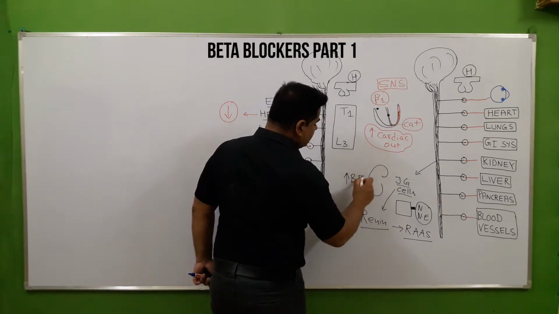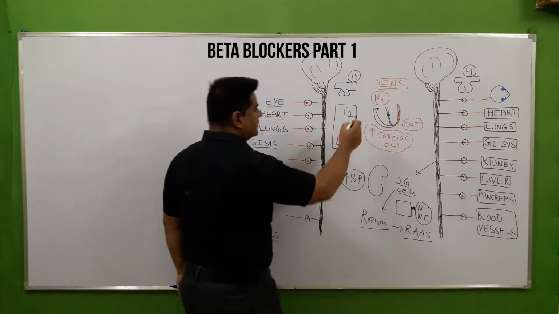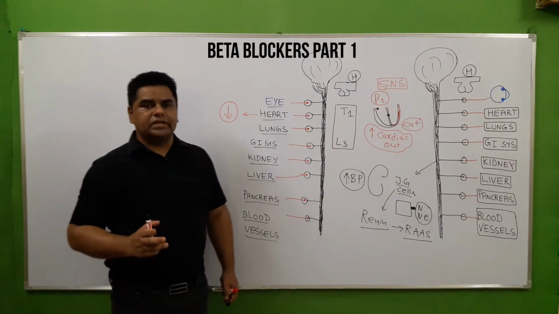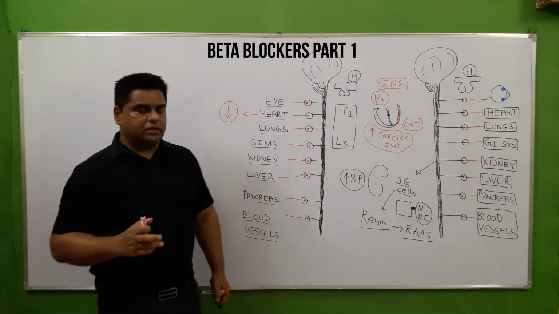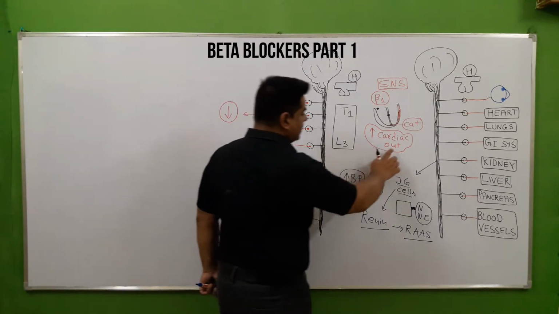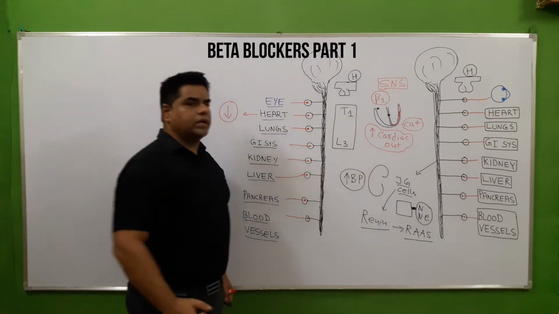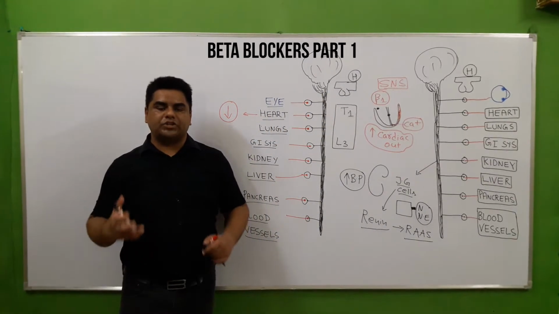This is a normal physiological reaction by the sympathetic nervous system, that whenever there is danger, it boosts the cardiac output and increases the RAAS activity to increase the blood pressure.